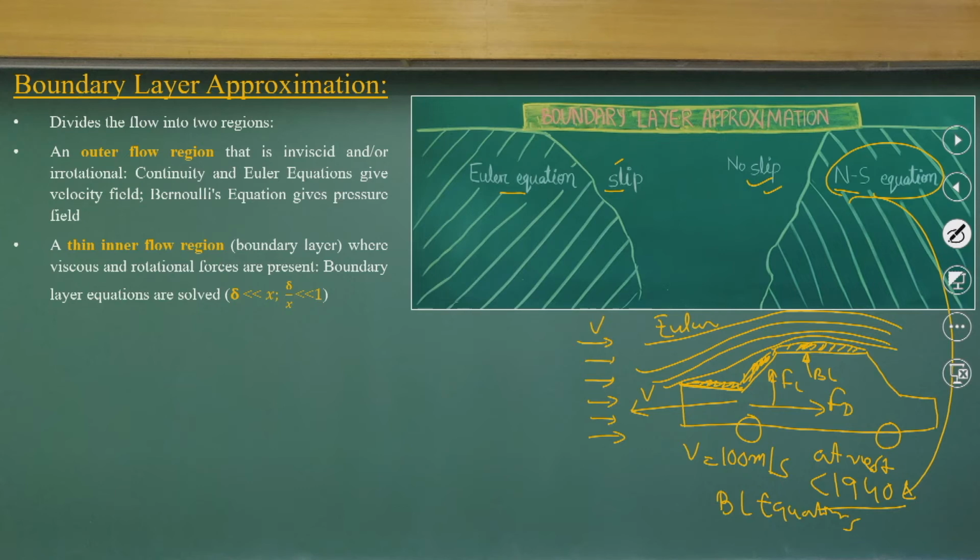If I can solve the combination of this thin boundary layer with the Euler equations, with a degree of approximation of the Navier-Stokes equations, that is what we can solve, because as we have discussed many times, we do not have analytical solutions of the Navier-Stokes equations for all problems. Very few simplified problems we have.